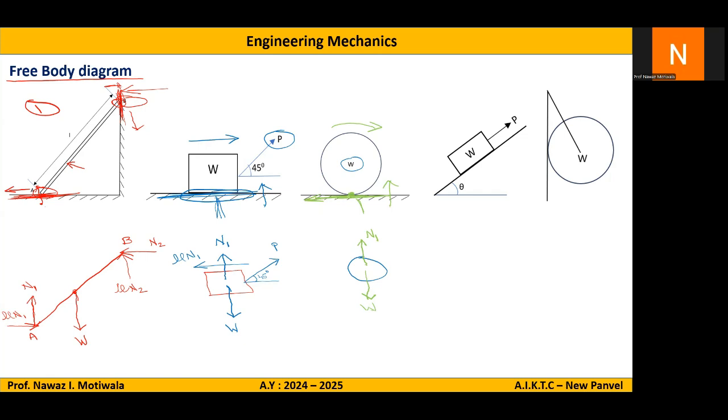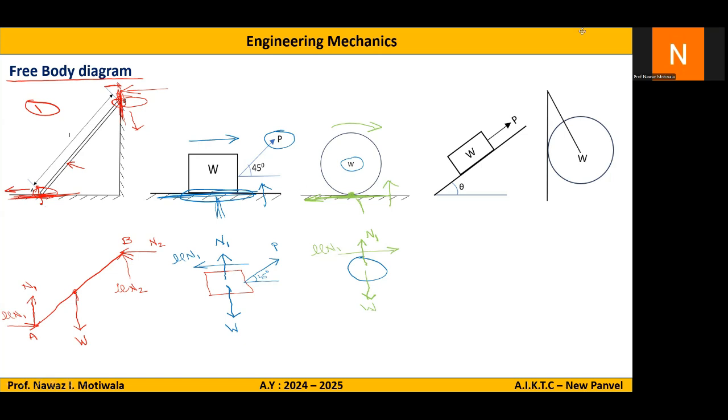Now, because the point is moving towards this side, the friction force will be towards the right hand side. So I will make a friction force towards the right side here, and the value will again be mu multiplied by N. This completes the free body diagram of this particular case.